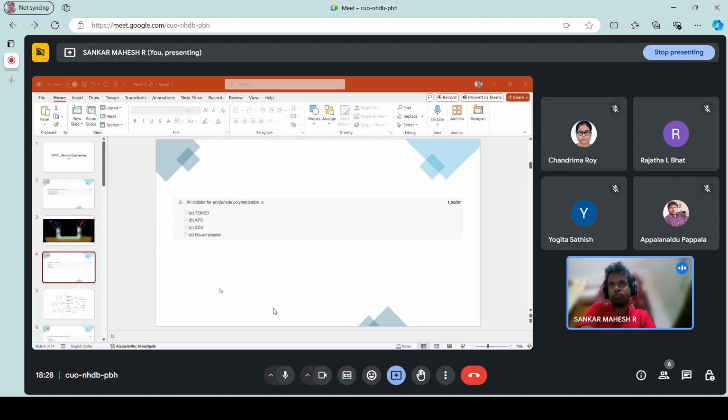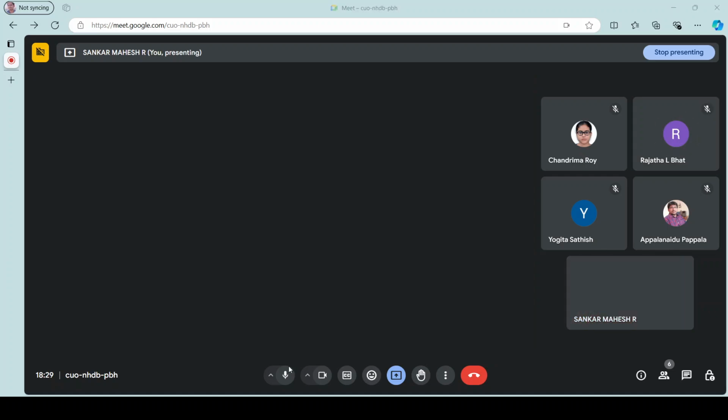Can you give the full forms if you're aware of it? TEMED is tetramethylethylenediamine. And APS? Ammonium persulfate.